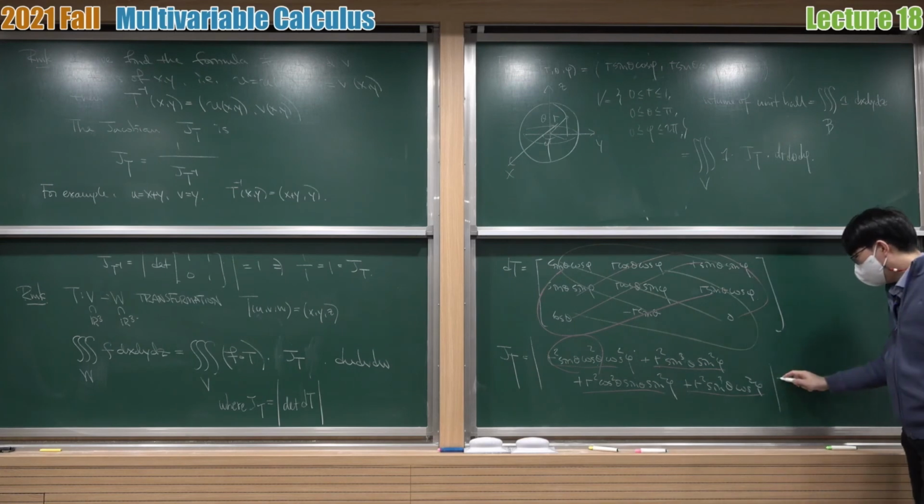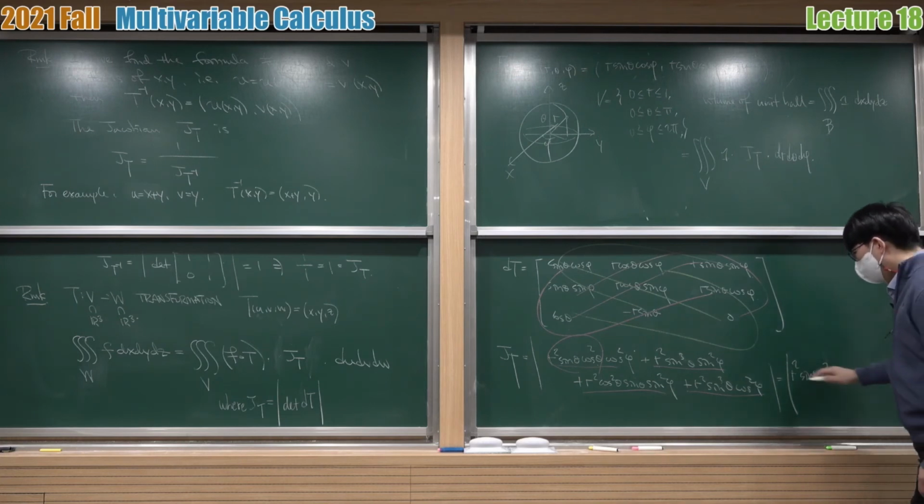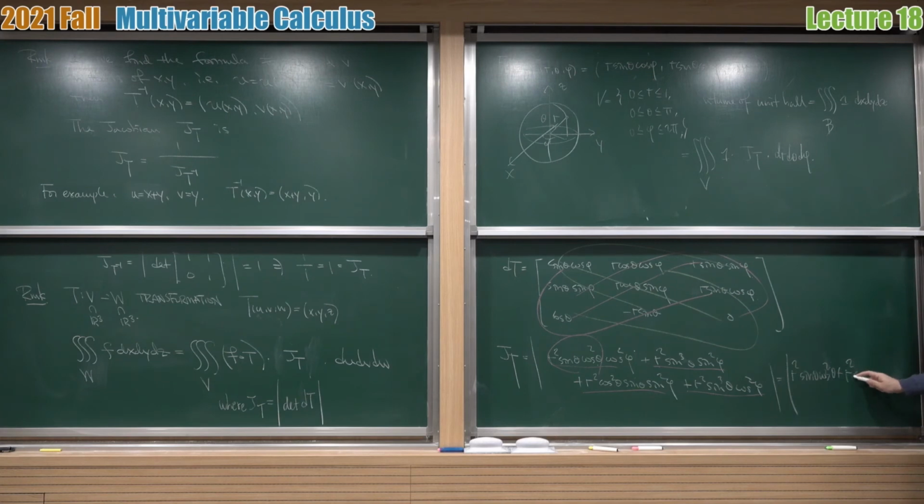So this is equal to r square sine theta cosine square plus r square sine cube. And what's this? R square sine theta, right? Because you have sine square, cosine square. So that's it.